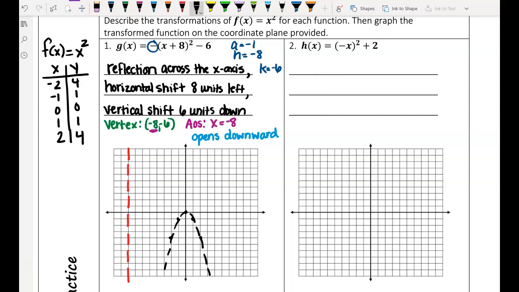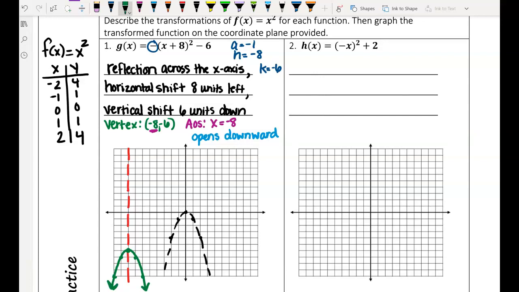That means every one of those points needs to move 8 units left and 6 units down. So my vertex goes from 0, 0 to -8, -6. Those other points also have to be moved 8 units left and 6 units down, which would give me those new points, and that would be the graph of my parabola.